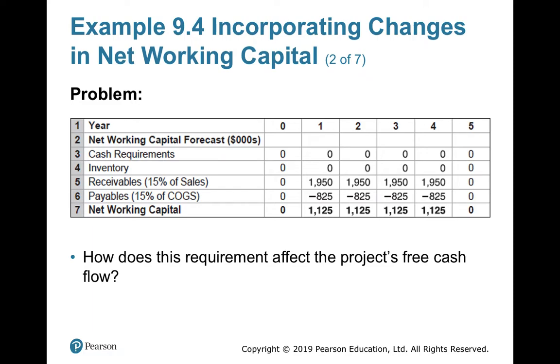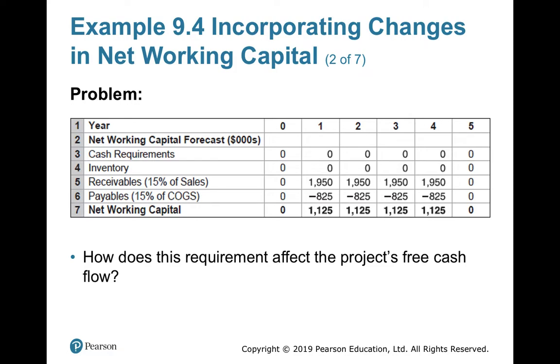So the net working capital will be 1125 in year 1, year 2, year 3, year 4. In year 5 there is no project, so the working capital will be released. No need of working capital, so 0, 0. There is no sales, no purchase. Therefore 0, 0. Clear? Net working capital is clear now. For HomeNet, the net working capital requirement is 1125 from year 1 to year 4.